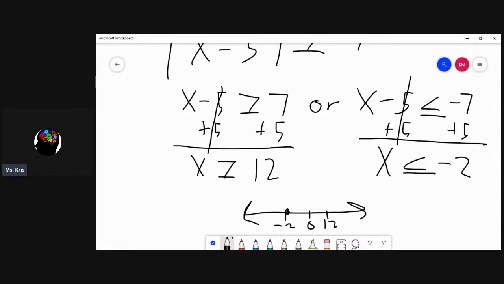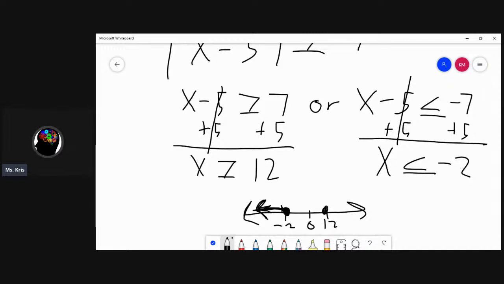So I'm going to draw my closed circle because it's equal to. If it was just less than, we would have an open circle. And so once I do that, I would draw to the left from negative 2, because less than goes to the left, greater than goes to the right.